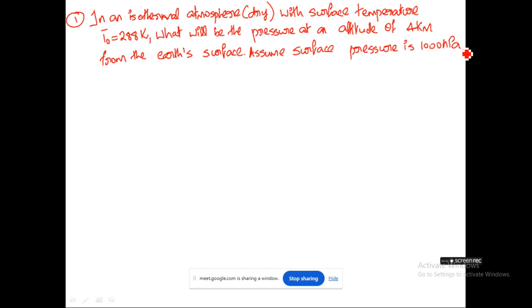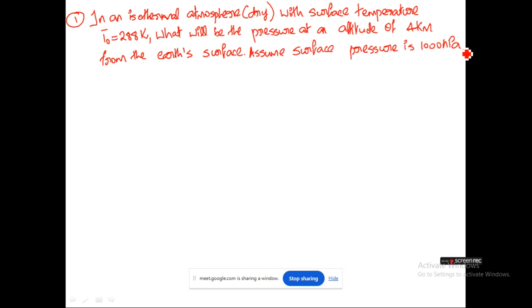Okay, so the question is, suppose there is an isothermal atmosphere which is basically dry. Dry in the sense there is no water vapor content in the atmosphere. They have given the surface temperature to be 288 Kelvin, and we have to find the pressure at an altitude of 4 km from the Earth's surface.